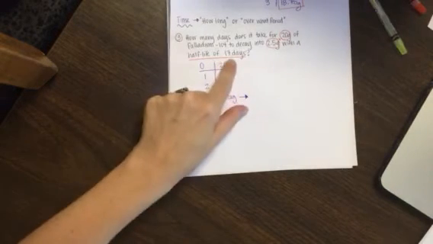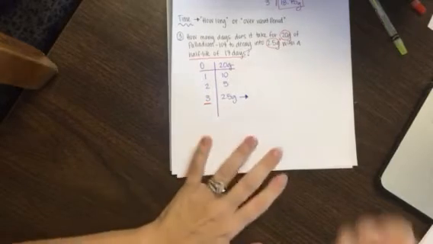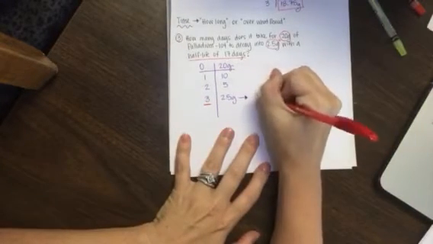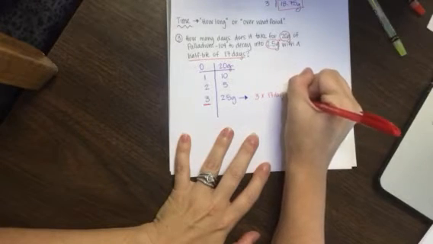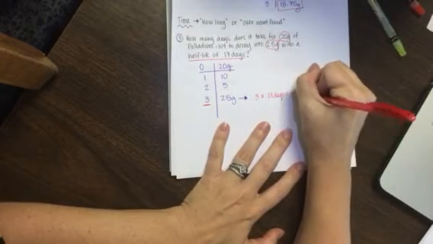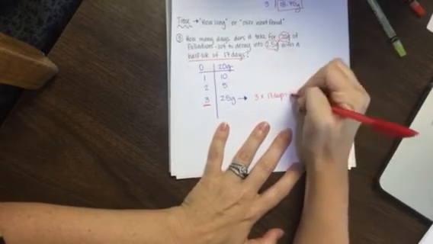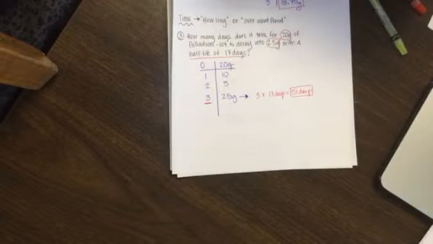Well, if each half-life is 17 days and it takes 3 half-lives to occur, then we're just going to multiply. 3 times 17 days equals what? 51. So it's going to take us 51 days in order to have 20 grams become 2.5 grams.